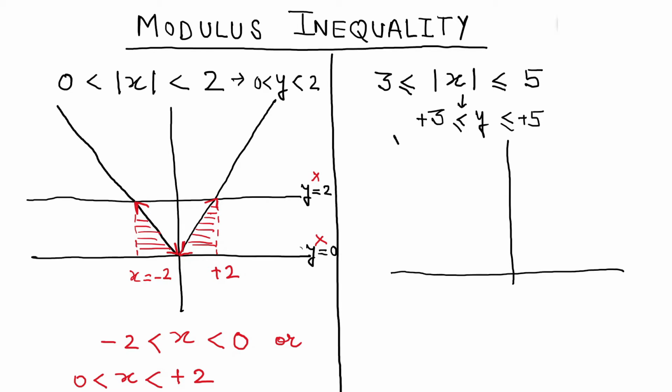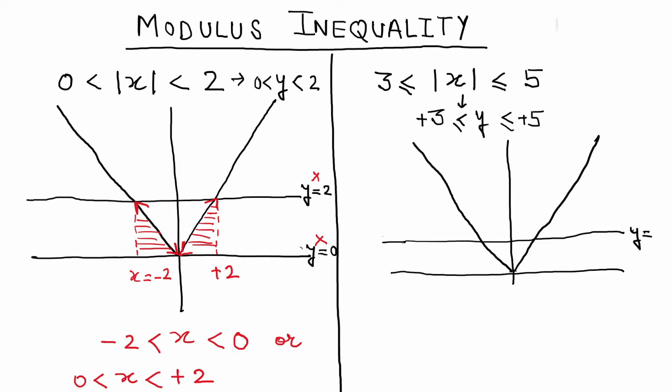So three graphs: first we make the graph of y is equal to modulus of x, then we make the graph of y is equal to 3, this line is y is equal to 3, then we make the graph of y is equal to 5.